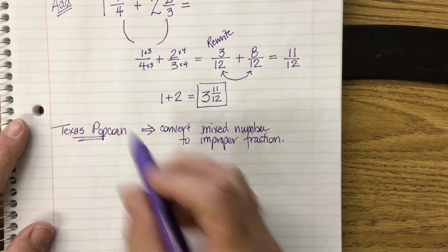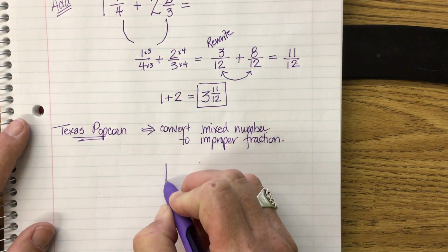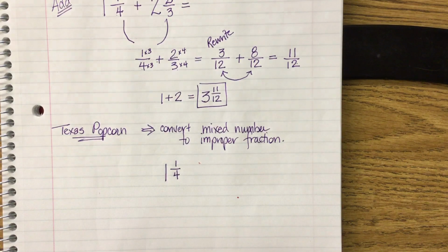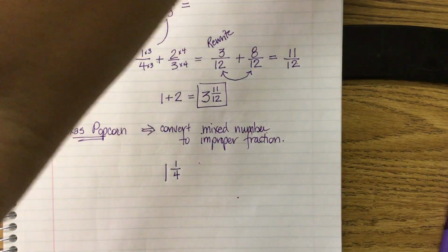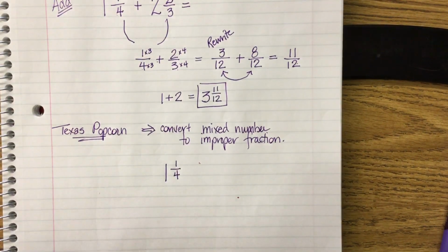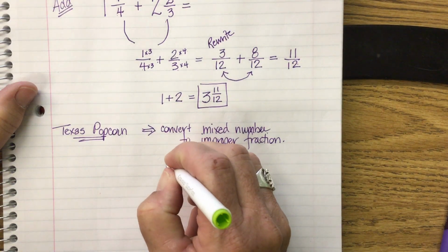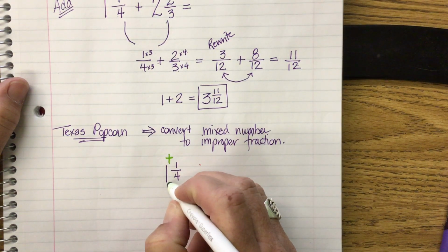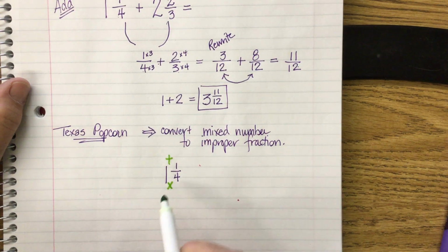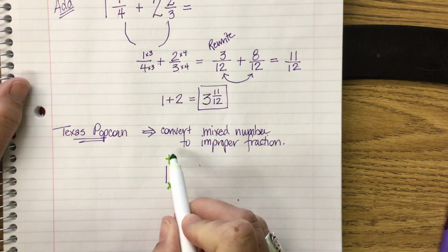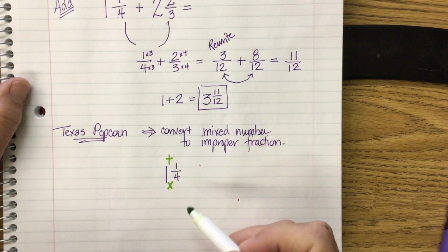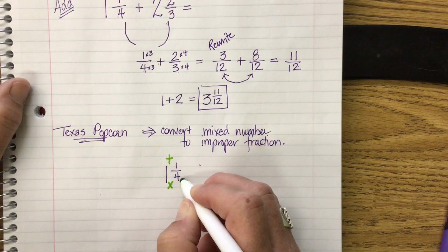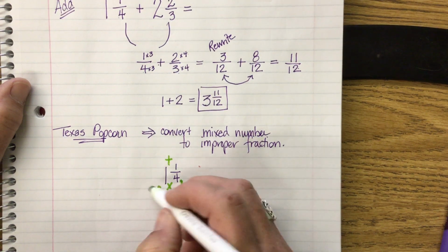Okay, so if I have the example above, 1 and 1/4, I call this Texas popcorn, and what I do, and I'm going to show you why it works, is I have a T for Texas, right? And the abbreviation for Texas as a state is an X. So TX is the abbreviation. So then you start at the 4 and you make a popcorn.